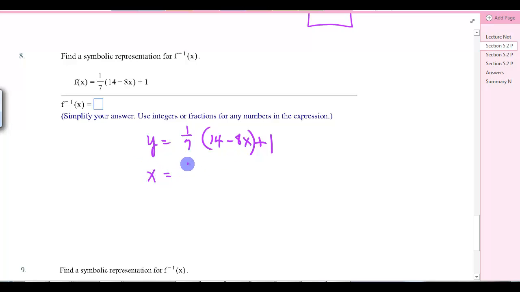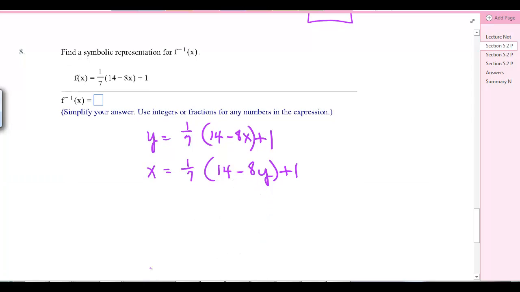So x equals 1/7 of (14 minus 8y) plus 1. Now we're going to try to solve for the y. Let's go ahead and distribute this 1/7. So we have 2 minus 8/7 y plus 1. You have a plus 2 and a plus 1, so x equals 3 minus 8/7 y.